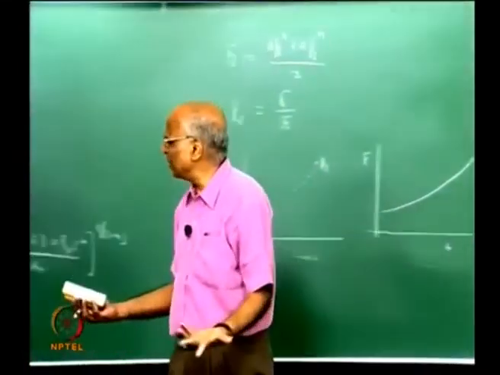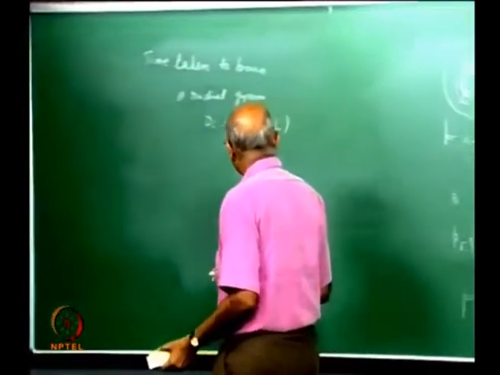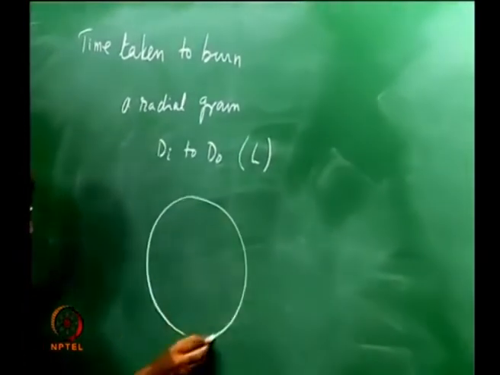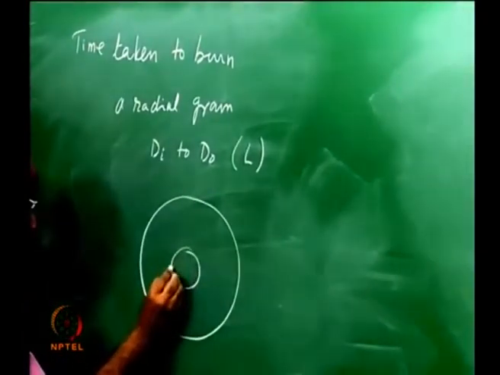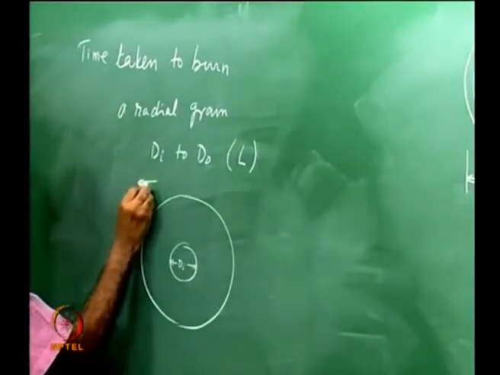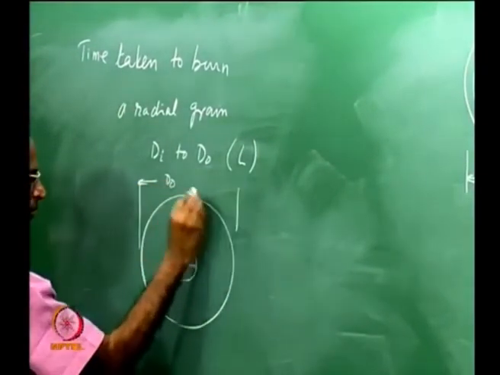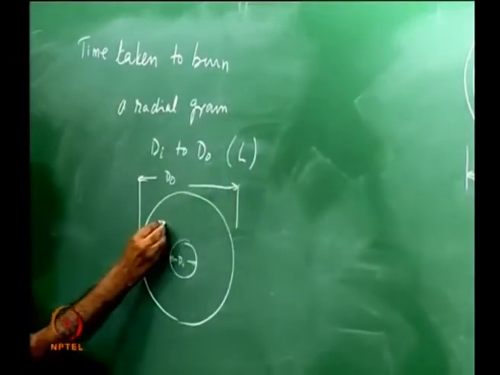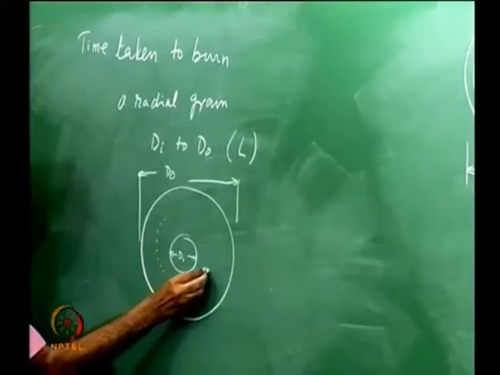I do exactly the same thing, there is nothing more to do. Again, I consider a section over here, the initial diameter is di, the outer diameter is do. Why not do a simple thing: let us consider any diameter d.